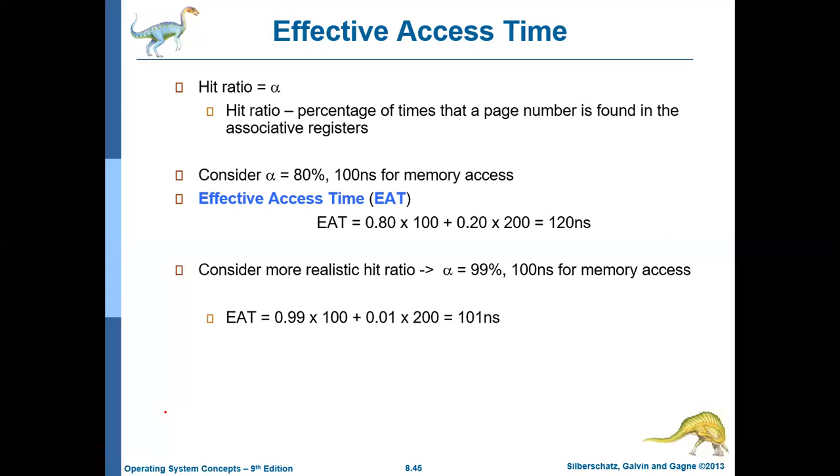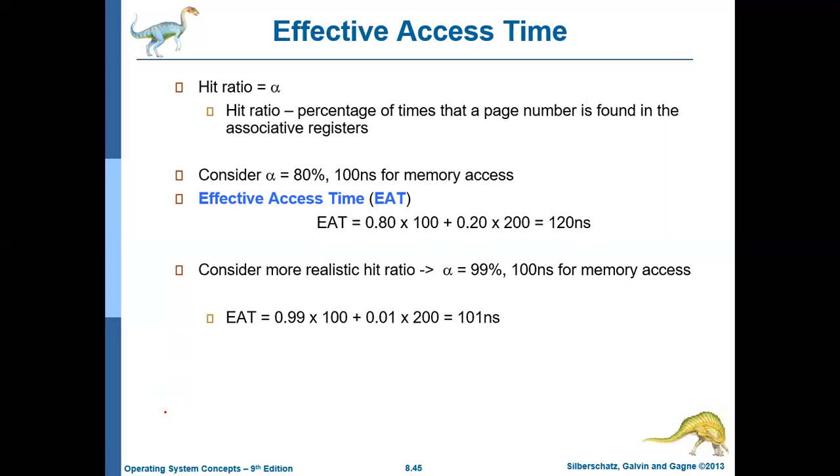The drawback with PTBR is that memory must be accessed two times, so memory access is slowed by a factor of 2. This delay is intolerable under many circumstances, considering the importance of CPU utilization.